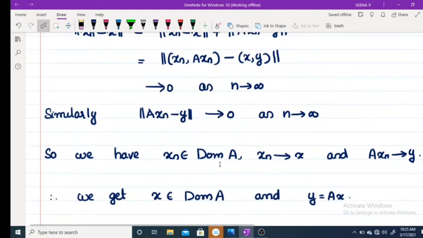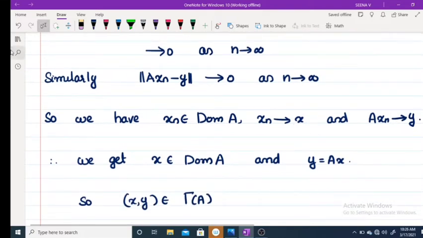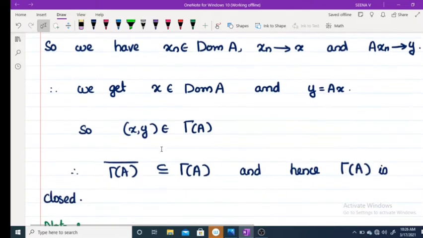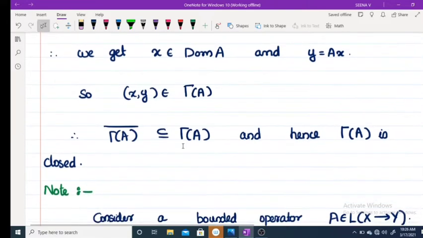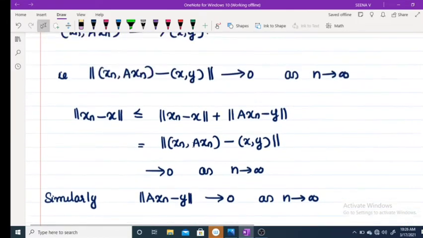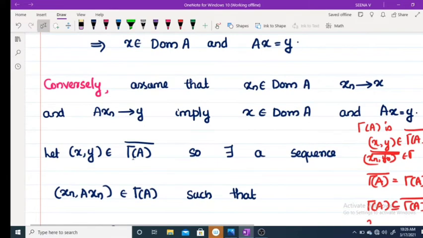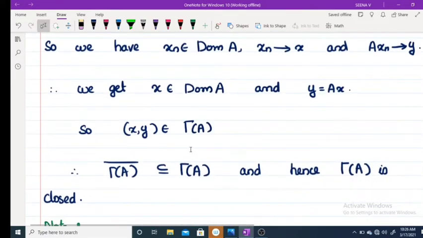Now we have x_n belongs to the domain of A, x_n converges to x, Ax_n converges to y, and by our assumption we get x belongs to the domain of A and y equals Ax. So (x, y) belongs to Gamma(A), since y equals Ax means (x, Ax), which clearly belongs to Gamma(A). So if we take (x, y) in the closure of Gamma(A), then finally we get (x, y) belongs to Gamma(A).